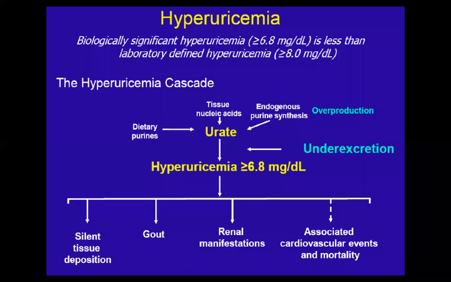When these three increase urate, hyperuricemia will increase and can cause gout, silent tissue deposition, renal manifestation, and associated cardiovascular events and mortality.